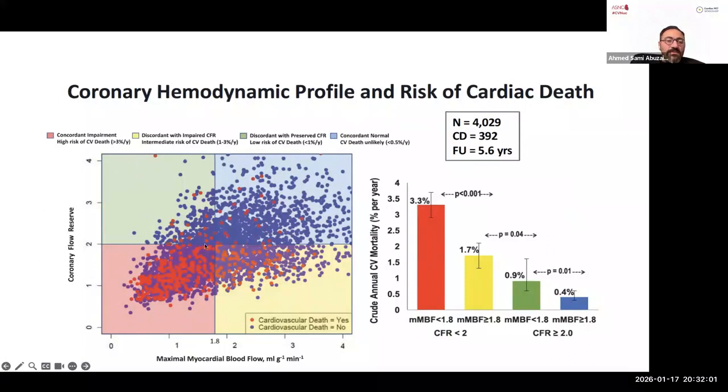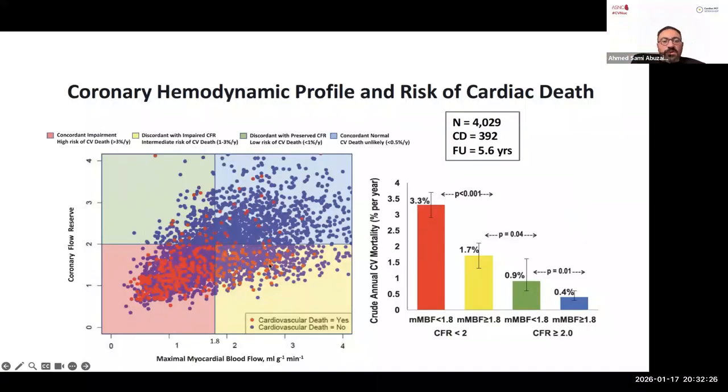And then the other category, when we put the patient here, depending on what discordance you are looking at, you may say the myocardial perfusion imaging is normal when you look at it, but the blood flow is abnormal. I think we know and have studied this population, and they have intermediate risk.